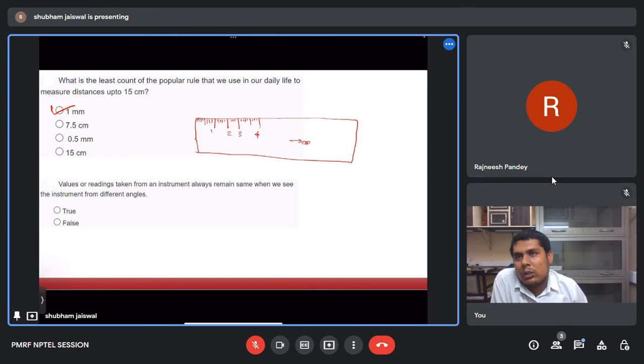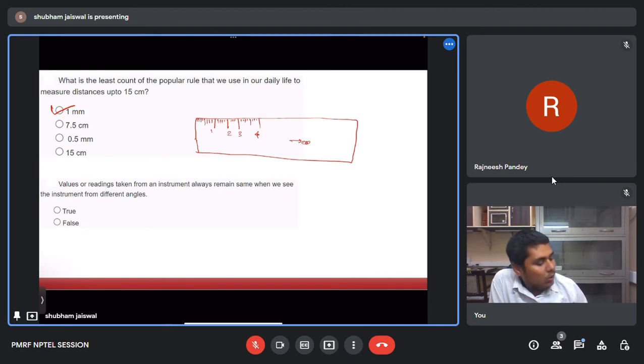Sometimes the line has some thickness and it will give some error, but that error will be very small, so we generally don't consider it in our day-to-day rough calculation. But when we need more accuracy, then everything matters. That's why we produce very high-end equipment for measurement.